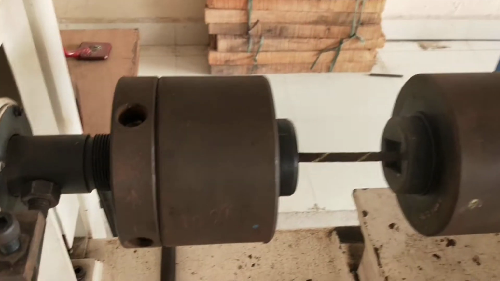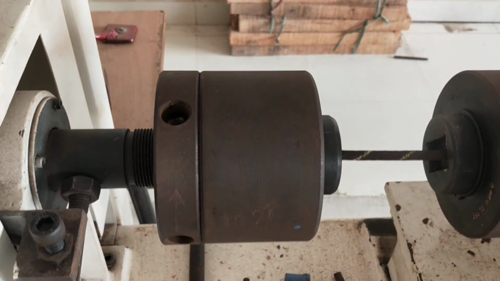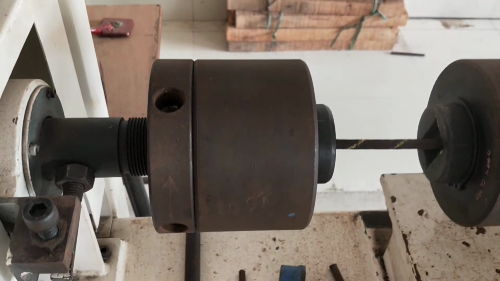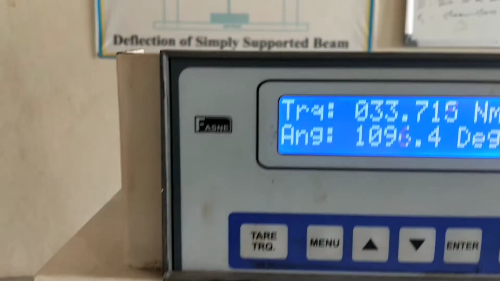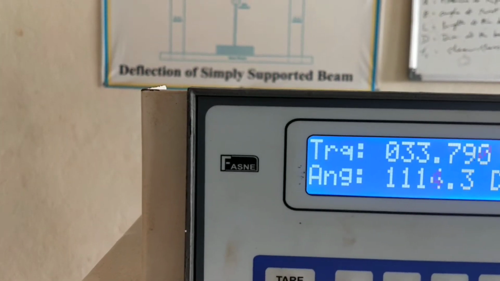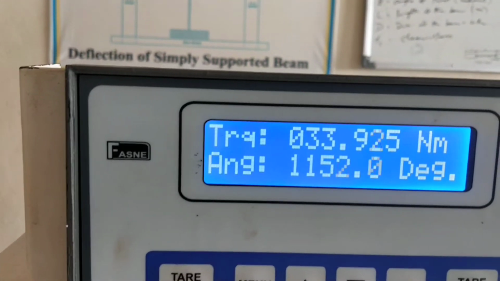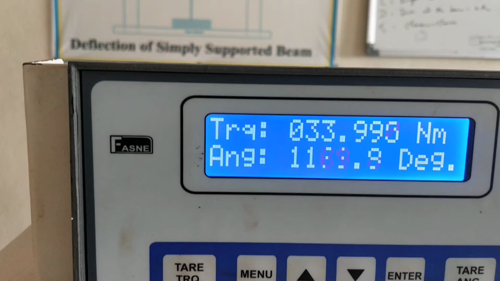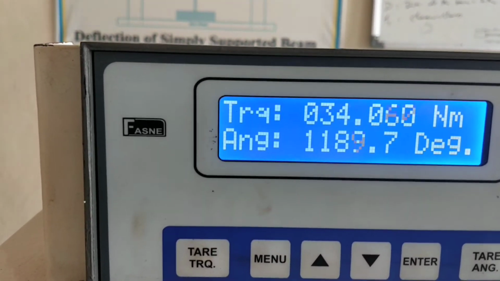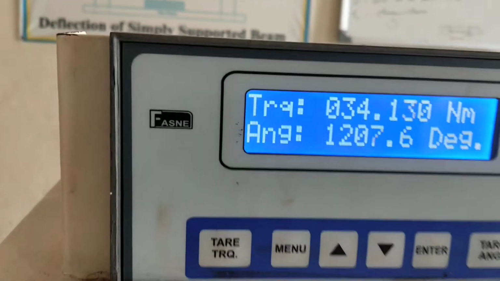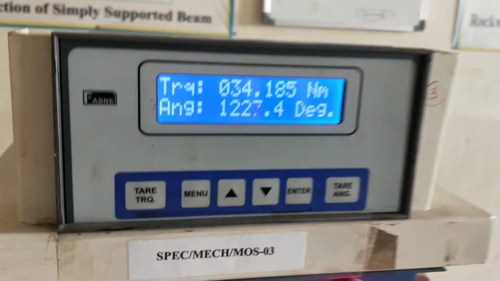So what is happening meanwhile? The system is storing the strain energy. It is getting deformed. It has completed almost 2.5 twists. 360 plus 360. It is about to reach the 3 twists.